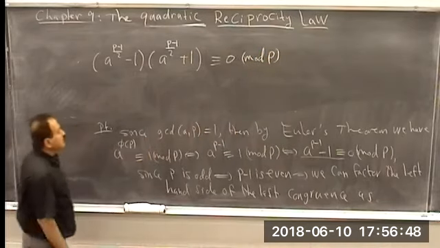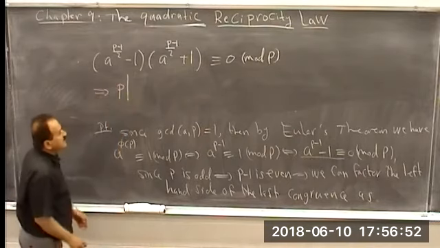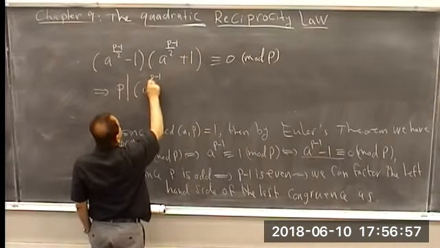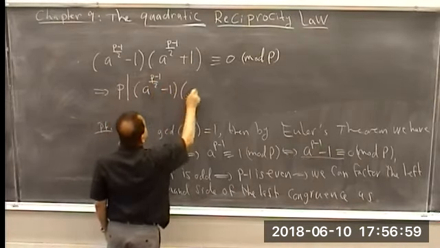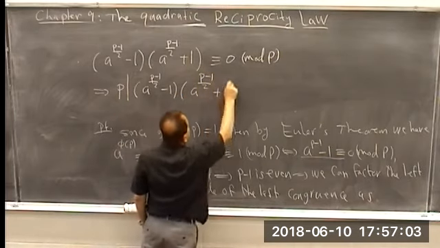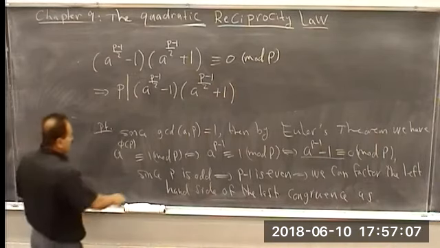But also this implies that P is going to divide this product, and since P is a prime, it's going to divide either one of these.